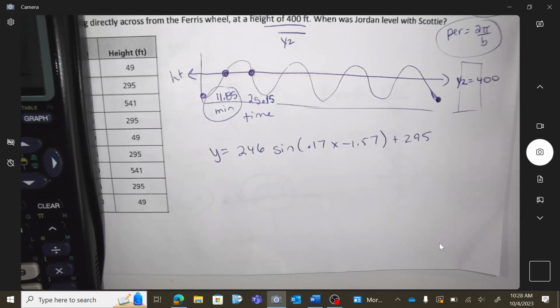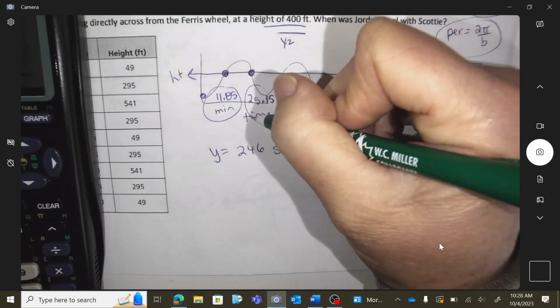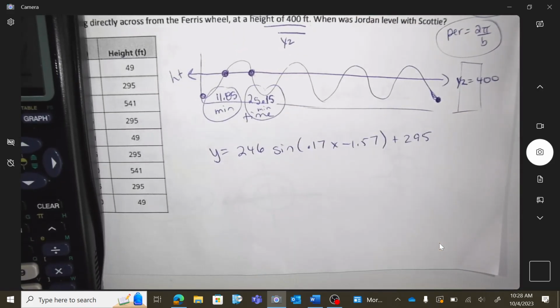Yell at me if you're not matching my times. 11.85 minutes, 25.15 minutes.